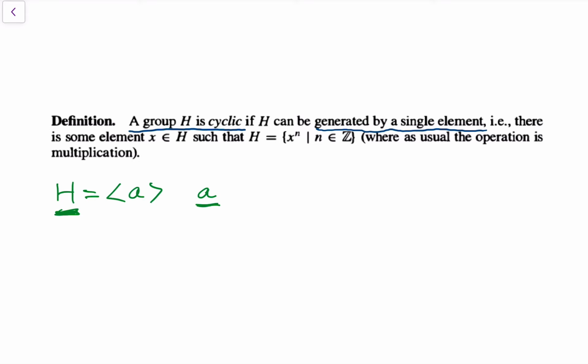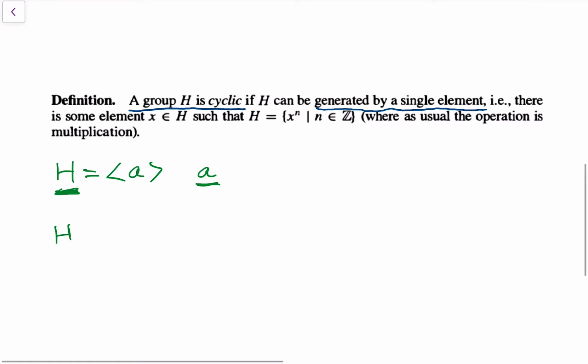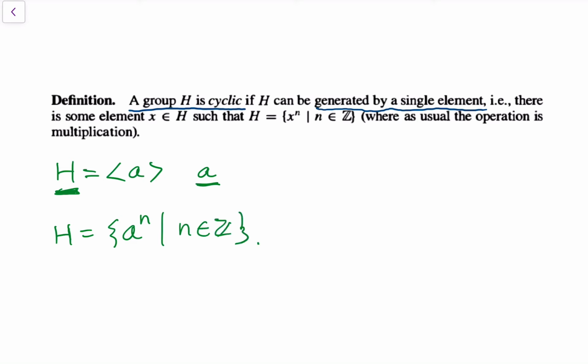At first, if we carefully look at what the elements of this group are, we can find that H is just equal to the powers of the generator, x to the n for n in the integers, just like we can see in the definition. Here it uses x as the generator, but we use a.